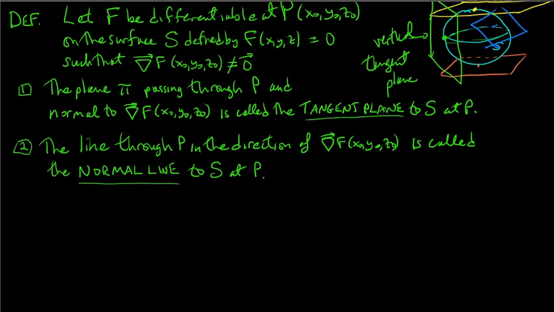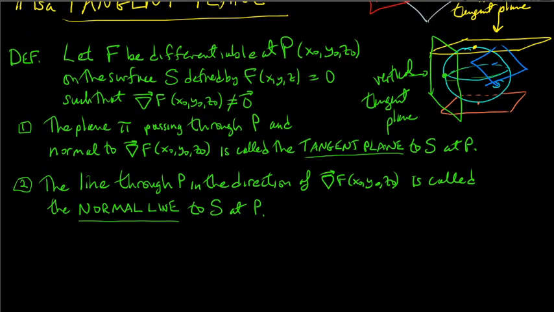Okay, so here's the definition of the tangent plane. You have a function f that's differentiable at a point P on the surface S, defined implicitly by the equation f equals 0, such that the gradient of f is not the 0 vector. Because if the gradient is 0, then you don't get a tangent plane.